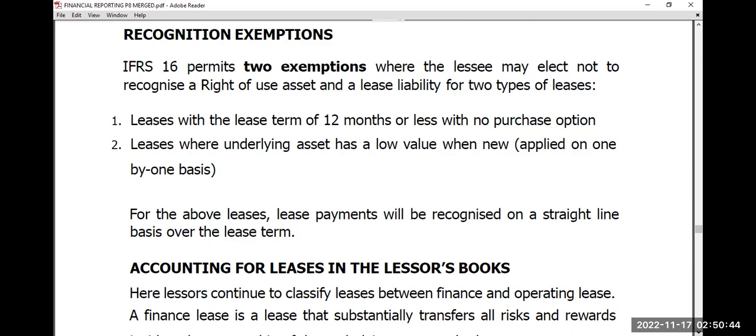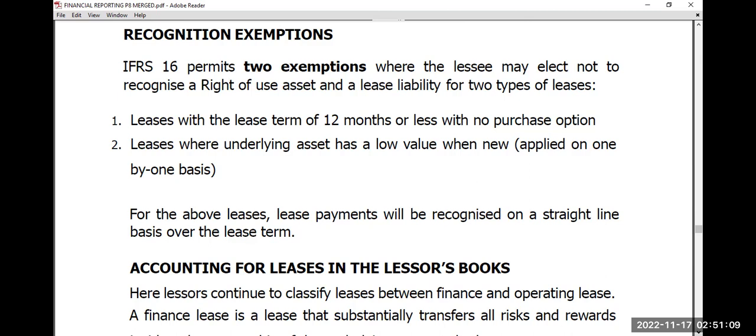Then the second one is the leases where the underlying assets have low value when they are new. Basically, the standard doesn't disclose what they actually mean when they're talking about assets of low value.